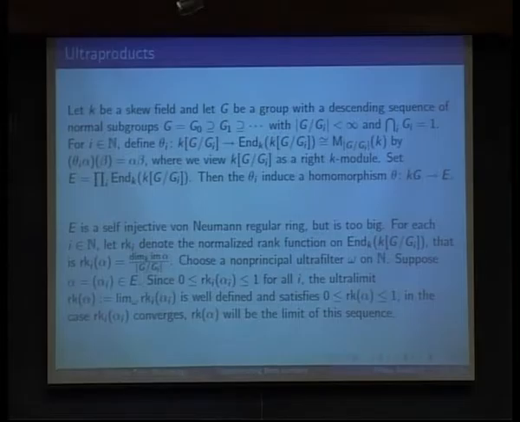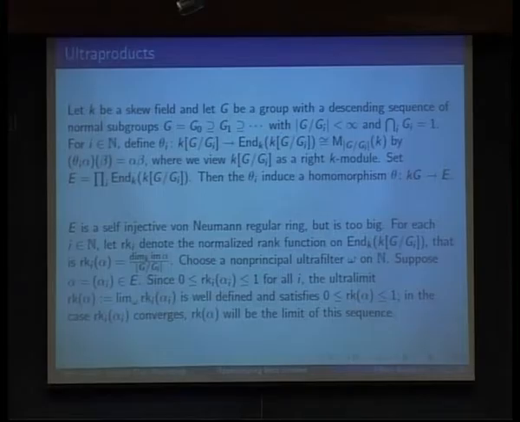Then you choose a non-principal ultrafilter on the positive integers. This ultrafilter is used for taking limits. So remember what an ultrafilter is on N. It's a collection of subsets of N which is closed under finite intersections, and if you take something in the ultrafilter and anything bigger, then it's still in the ultrafilter.